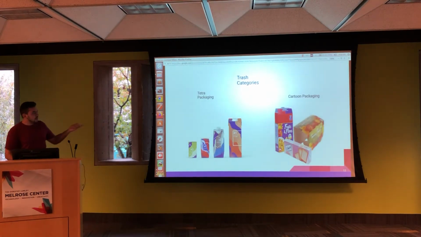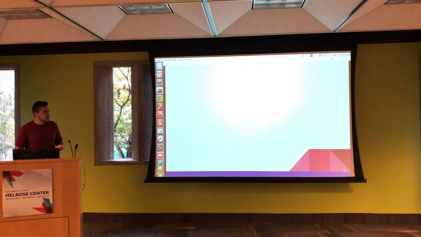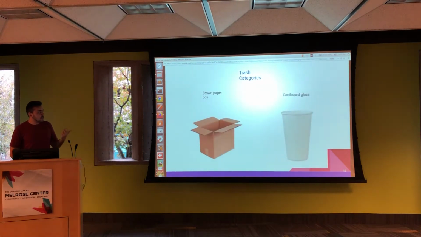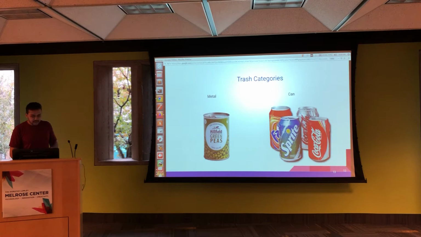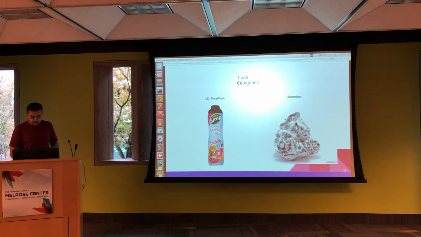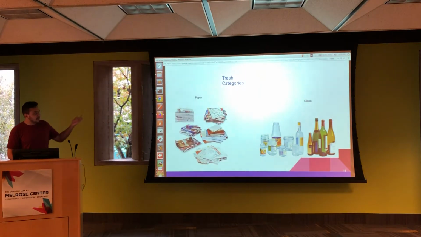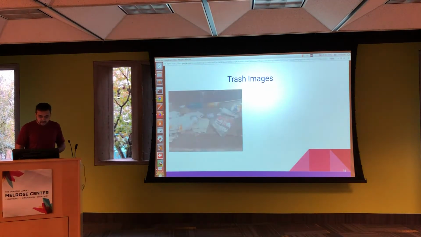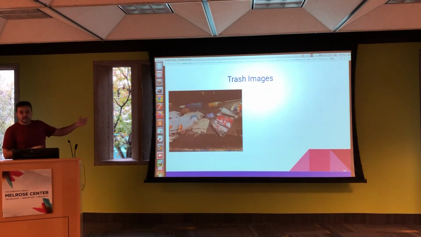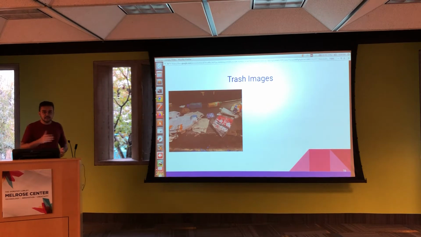Yeah, so then we have other tetra packaging, carton packaging, and brown paper box, cardboard, glass, these kind of categories, metals, cans, metal flask, aluminium, and then paper and glass. So these are the categories. So this would be a conveyor belt, a default conveyor belt. If you go into a trash segregation center, that is how it looks, like the trash would be lying over there.